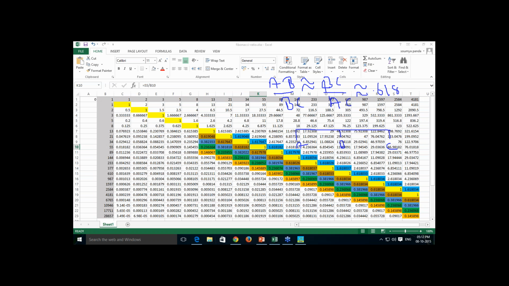That's why it is a very important ratio, and this is also known as your divine ratio.